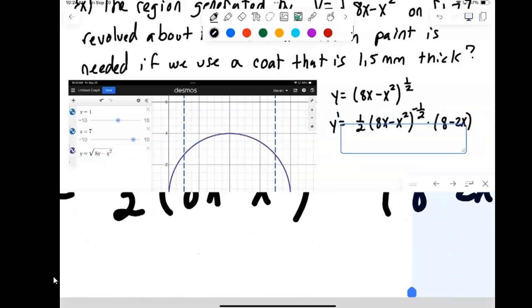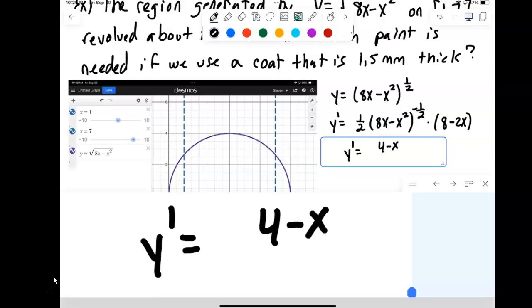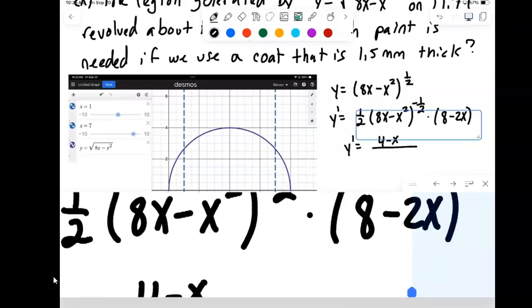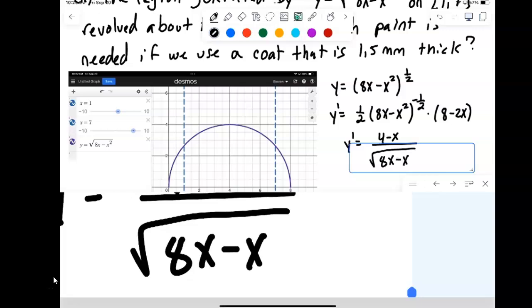The 2 once again goes into both of those, so y prime is 4 minus x over the square root of 8x minus x squared.